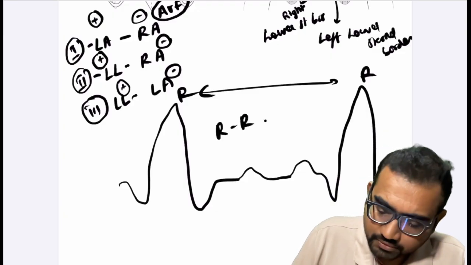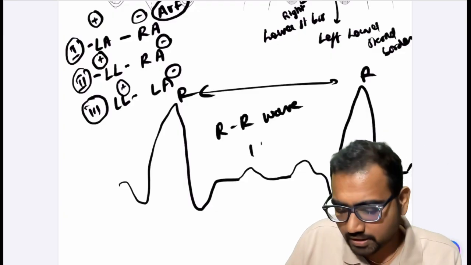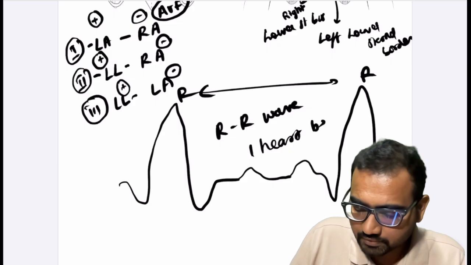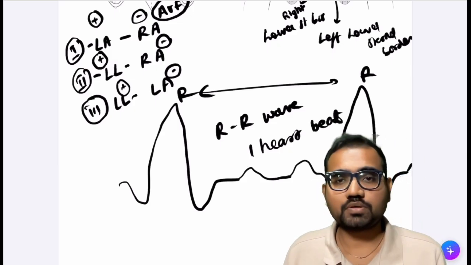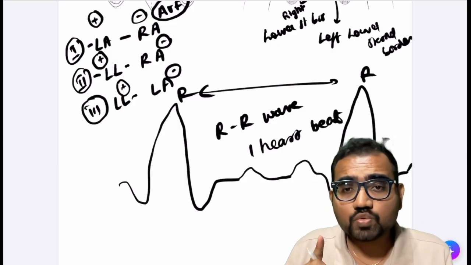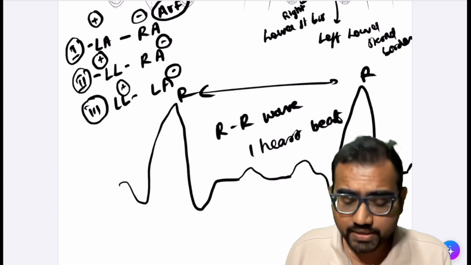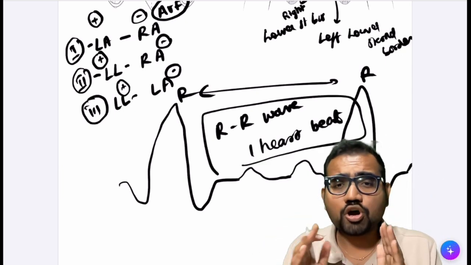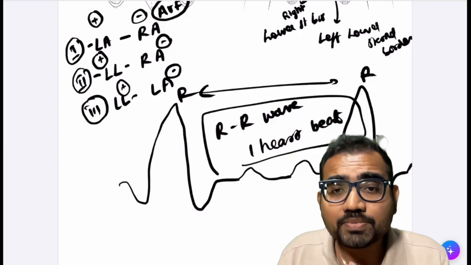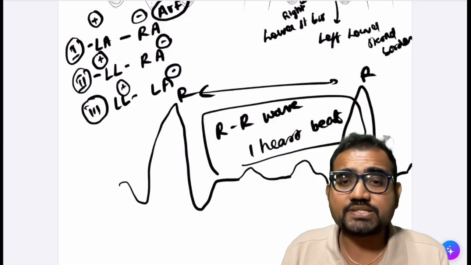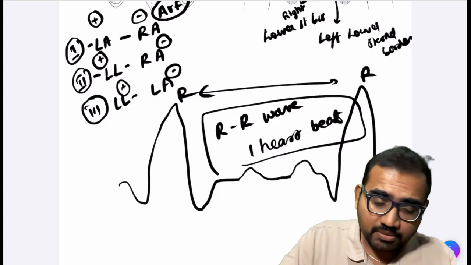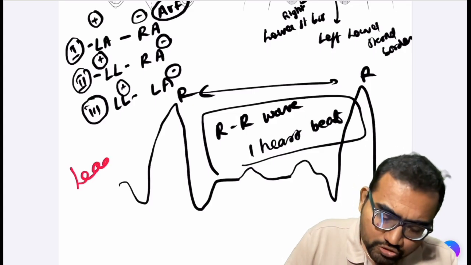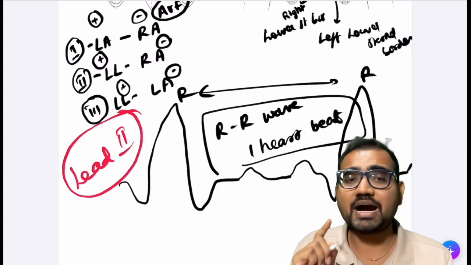R to R wave is one heartbeat. So when I take an ECG, the most commonly used area to measure the heartbeat in an ECG is lead 2. Always remember, lead 2 is most commonly used to measure the heartbeat.